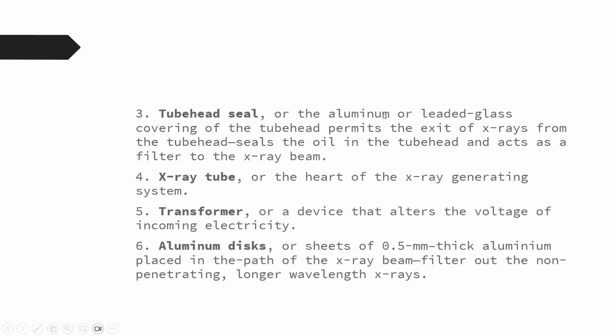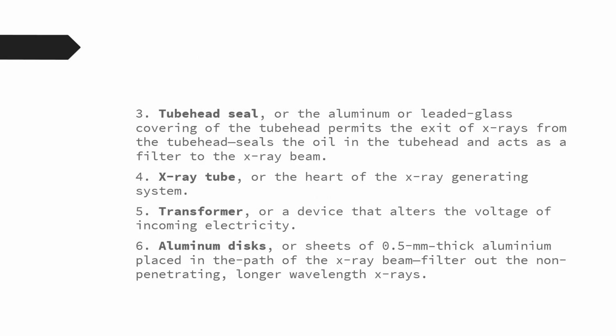We have the tube head seal. This is the aluminum or lead glass covering of the tube head. And this permits the exit of the X-rays from the tube head, right? So it seals the oil in the tube head and acts as a filter to the X-ray beam. Then we have the X-ray tube, and this is basically where the X-rays are generated. It is the heart of the X-ray machine.